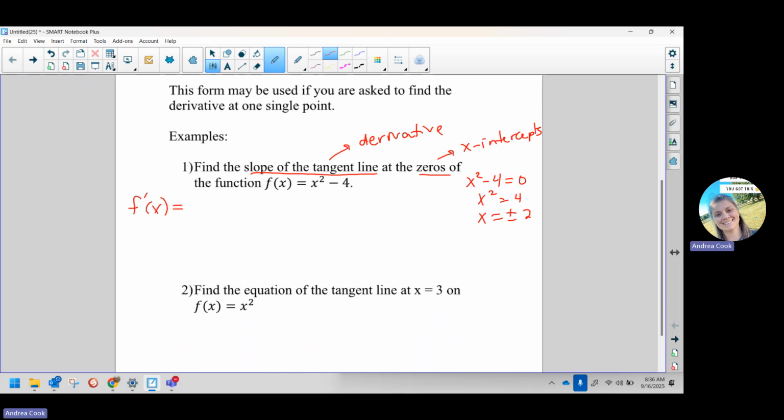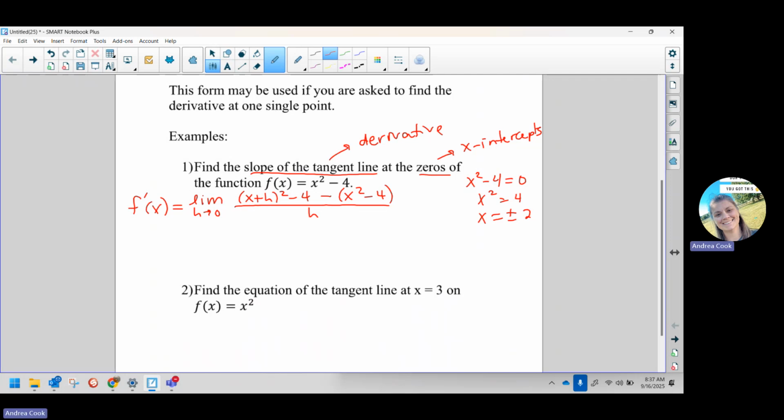Yesterday we learned the derivative is the limit as h approaches 0 of f of x plus h minus f of x, and you need parentheses, all over h. Some of us learned that the hard way today.